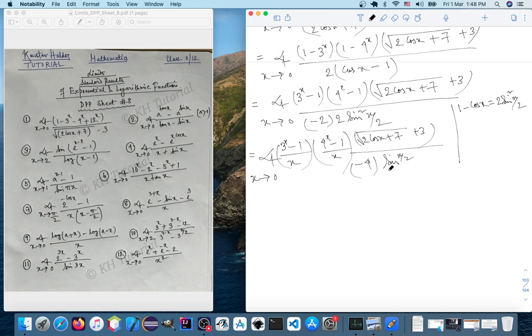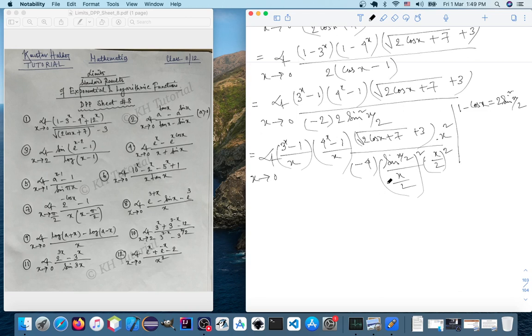So this we write now. And we also have to adjust these 2x by x square. So this x square by 2 will become x square by 4. The 4 will go in the numerator, that will get cancelled with this minus 4. This x square will get cancelled with this x square.